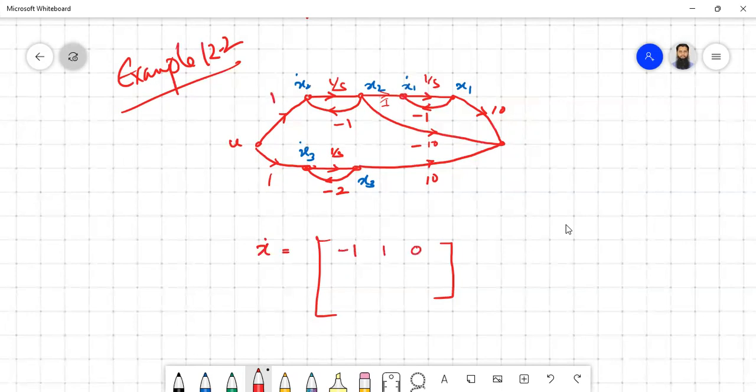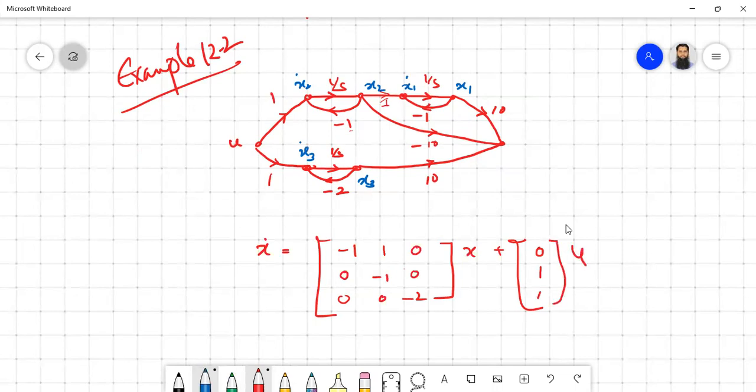Similarly, x2 dot is only linked with x2, with -1. It has no relation with x1 or x3, and x3 dot is only linked with x3. So you can write it in this way, and your B matrix is definitely: x1 is not linked with the input, so 0, and x2 is linked with the input. So now this is your B matrix.